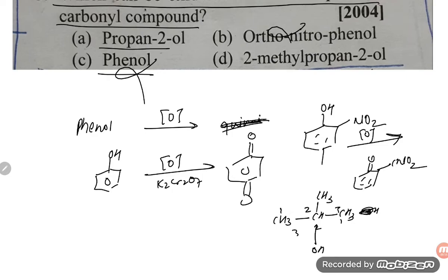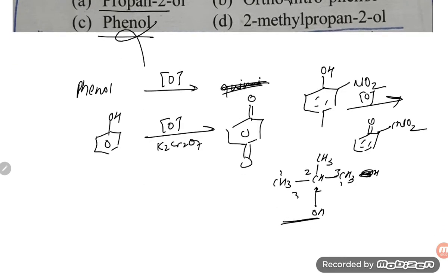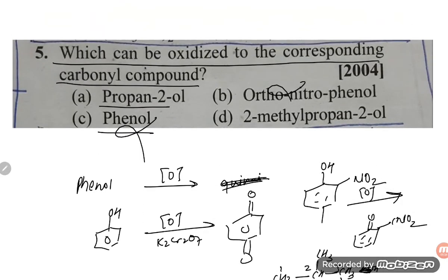That is 1, 2, 3, 2-methyl propane 2-ol. If you are oxidizing it, student, it will give dehydration. So it will give an alkene. Dehydration will be there, so this is not going to give the product. So our required answer will be propane 2-ol.